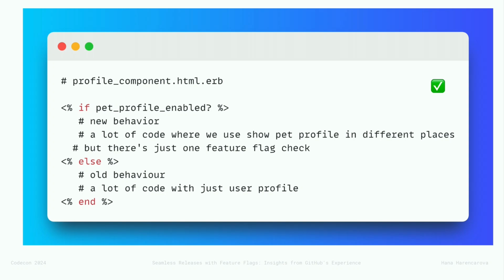So in those cases, it's often more advantageous to create two separate branches. Even though you will have to copy over some part of the code, it's still easier to understand. Okay, this is the new version, this is the old version. But this also goes closely to how long those feature flags live, but we'll talk about that later.